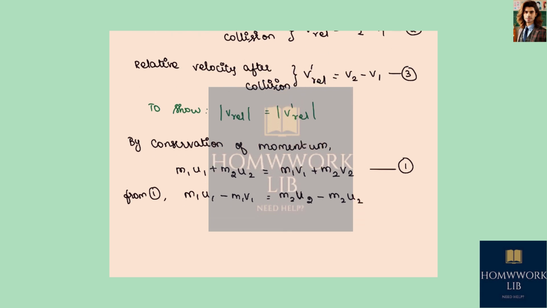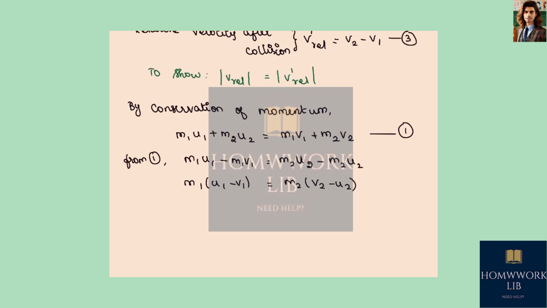Rearranging this and taking the masses outside, we get m1 times (u1 minus v1) equal to m2 times (v2 minus u2). Now dividing both sides by m1 m2, we get (u1 minus v1) by m2 is equal to (v2 minus u2) by m1.